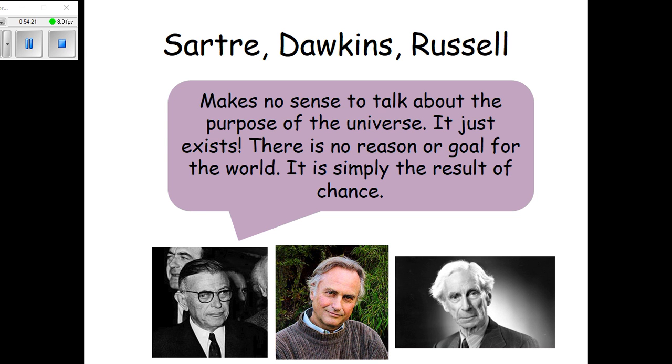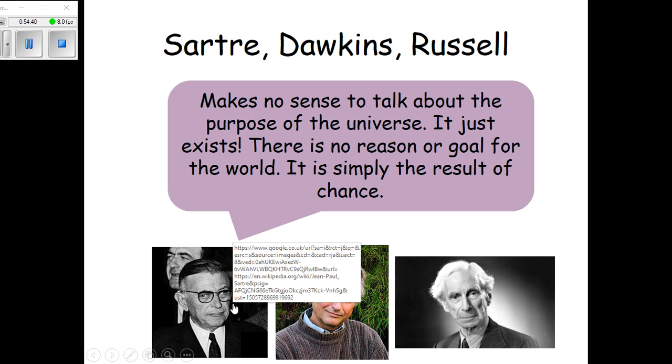So Jean-Paul Sartre, Richard Dawkins, and Bertrand Russell. So they all have the same kind of view, which is it makes no sense to talk about the purpose of the universe. So they're talking more widely here. It just exists. There's no reason or goal for anything. It's simply chance. And Sartre here on the left goes even further and says we invent purpose.